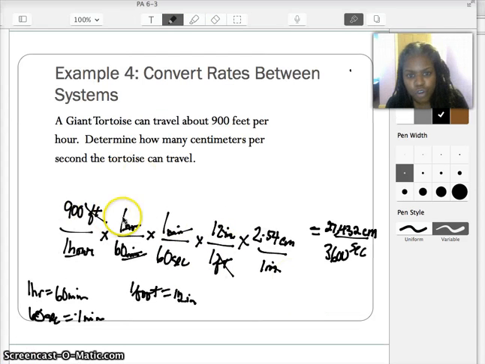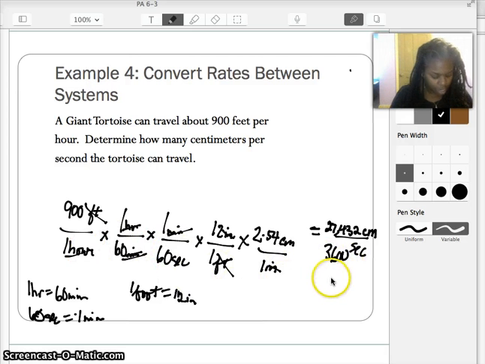Multiplying the numerators all together, 900 times 12 times 2.54 centimeters gives me 27,432 centimeters. Then multiplying 1 times 60 times 60 times 1 times 1 gives me 3,600. When I'm done, I need to find the unit rate.